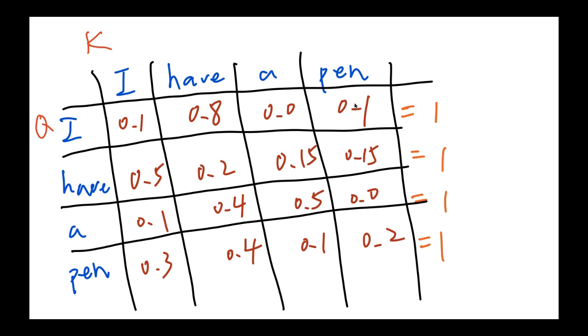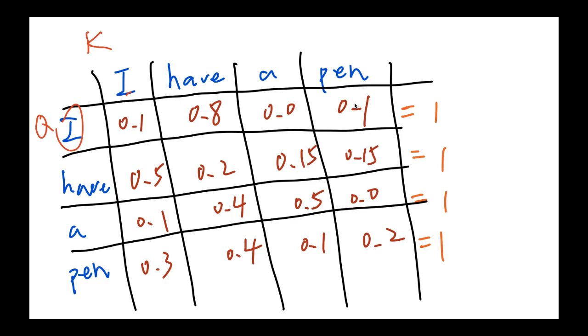Then you will need to do the dot product. And after the dot product, you will have the attention matrix, or you can say attention map, which tells you when you process a certain token, I, how much attention you need to pay to token I or token have, token pen.